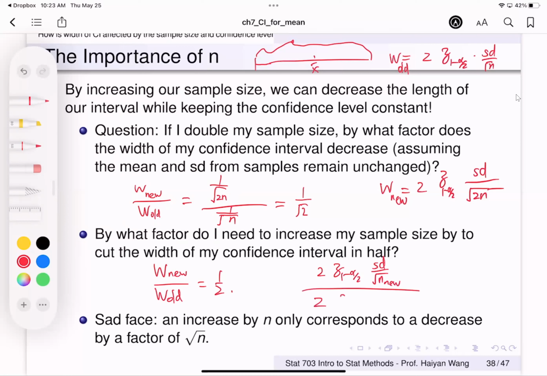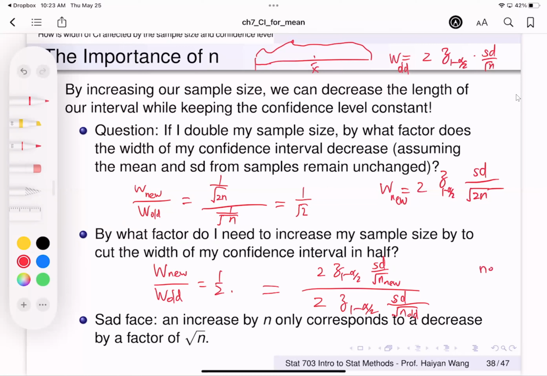And similarly, the old interval's width will also have the SD and square root of the n old. And this ratio should be equal to this half.